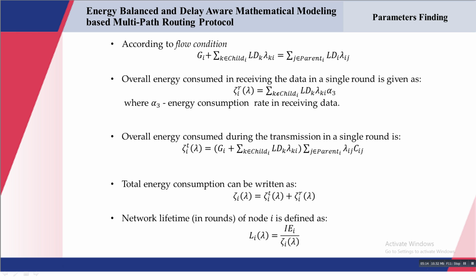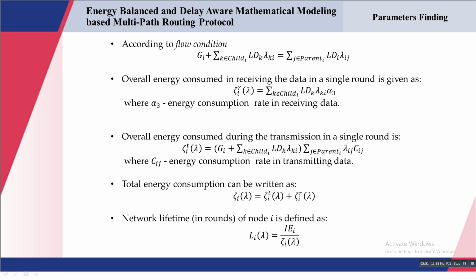So out of the total load value, with lambda ij the ith node is transferring the data towards the jth node, and cij is representing the energy consumption rate in transmitting the data. So now the total energy consumption we can write as the energy consumption in transmitting plus the energy consumption in receiving the data over a given traffic distribution lambda.